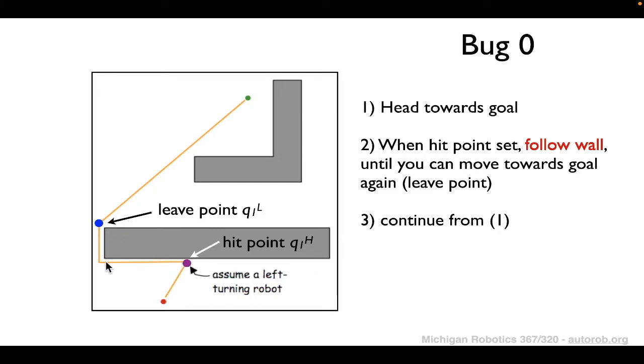You can see it'll follow the wall along with my cursor until it reaches this point where it detects that it can move in the direction of the goal without continuing to collide with the wall. So it will then drop a leave point, which is the blue dot, and then go back to line 1 of the pseudocode. So it'll head towards the goal, which in this case doesn't result in any more obstacles, and then it'll reach the goal configuration.